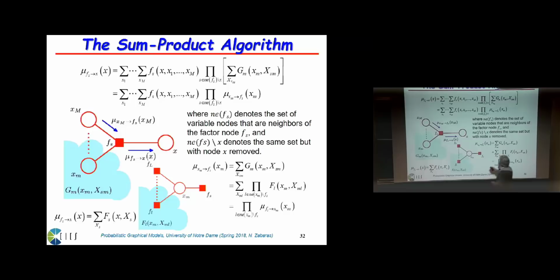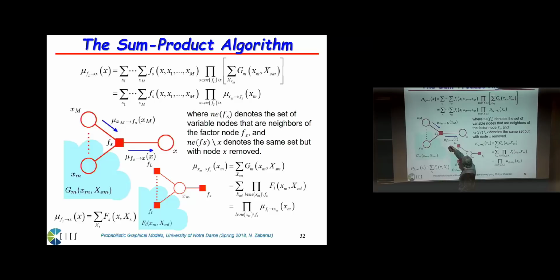So effectively, the message from Fs to x is a summation over all of these variables of the factor Fs times the product of all the incoming messages from the nodes x little m to x capital M to the factor Fs. You can see this easily: the message that goes out from here to there is this factor times all the messages coming from these nodes to this factor.